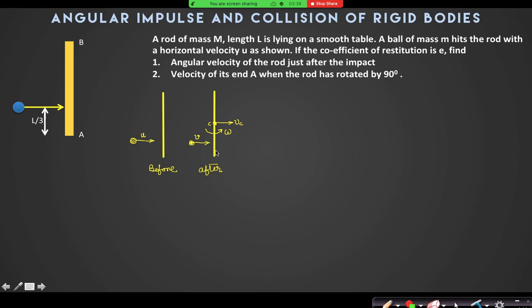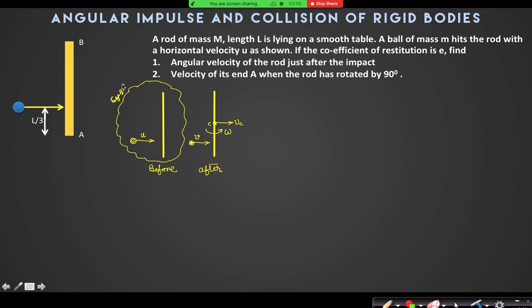Now in this collision, if I want to conserve angular momentum, about which point can I conserve the angular momentum of the system? Now my system includes the entire body of the rod and the ball, right?